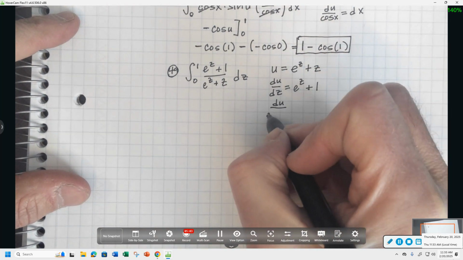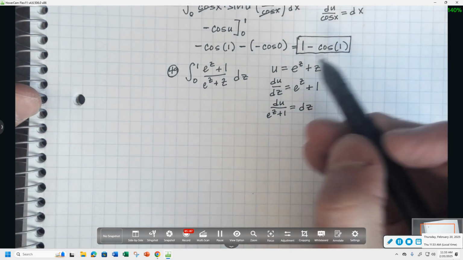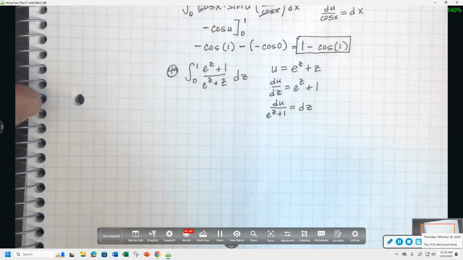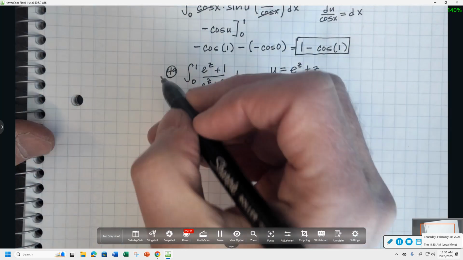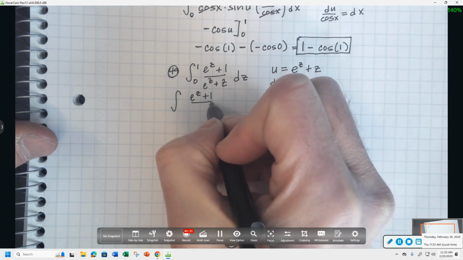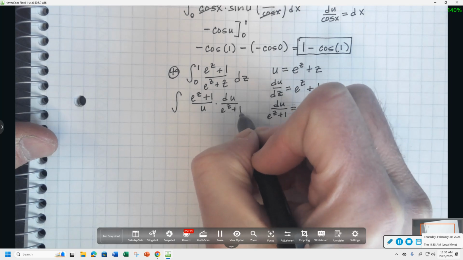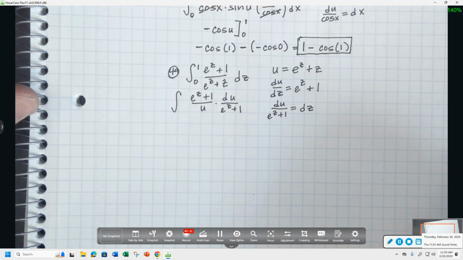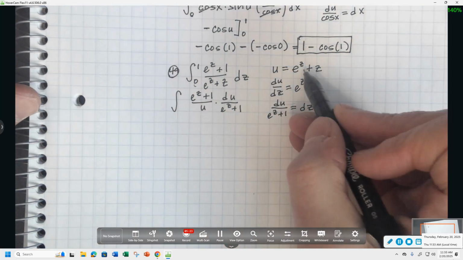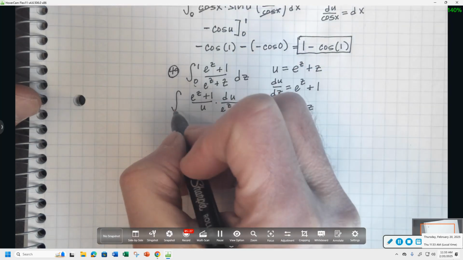du over e to the z plus 1 equals dz. Multiply each side by dz, divide each side by e to the z plus 1. So we have e to the z plus 1 over u times du over e to the z plus 1. When we put 0 in for z, we have e to the 0, that's 1, plus 0.